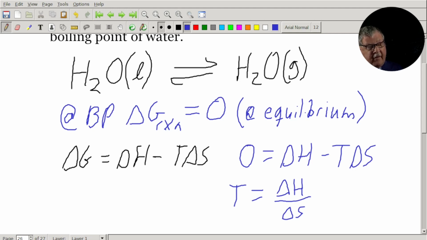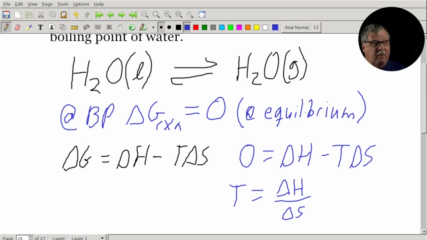Let's look at this reaction. What would we predict for a vaporization? Is the change in entropy going to increase or decrease if we start as a liquid and we end up with a gas? It's going to increase, yes. Now let's think back even further, because I know we talked about this the very first day of class.